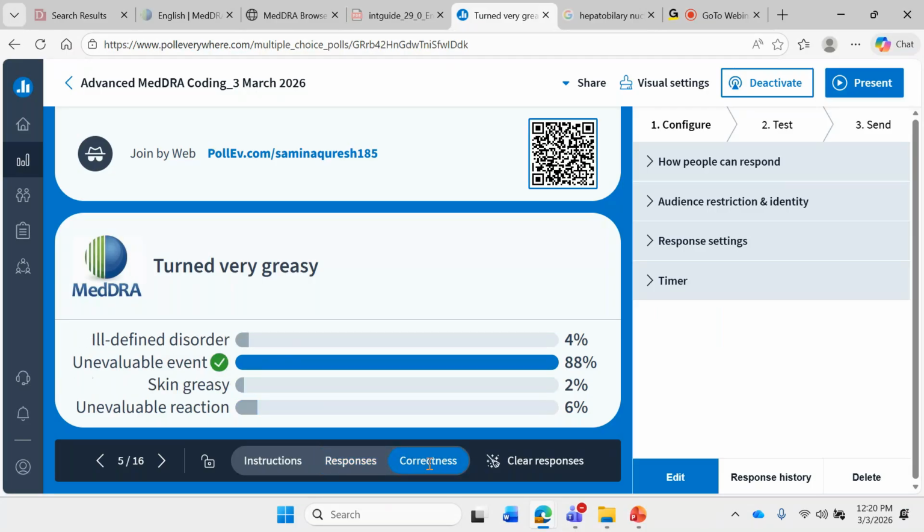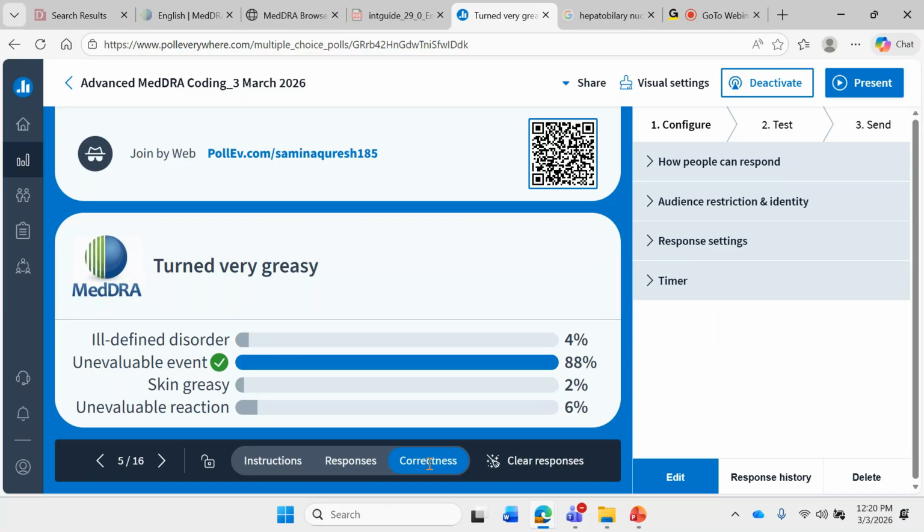Now for the 6% who picked reaction, again, that would most probably lead to something in a person. So I would still pick unevaluable event. And a reaction infers it's between two things, and we don't know that. A reaction between a drug and a person, a reaction between a drug, something and a product.